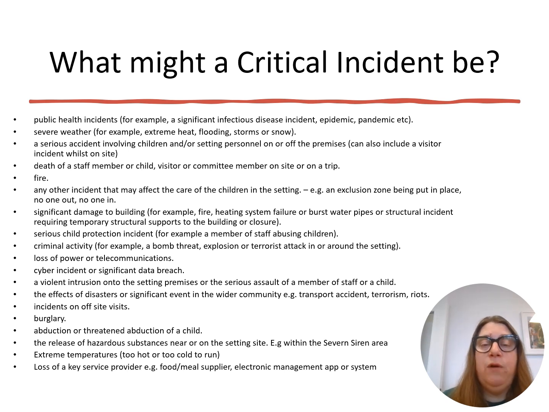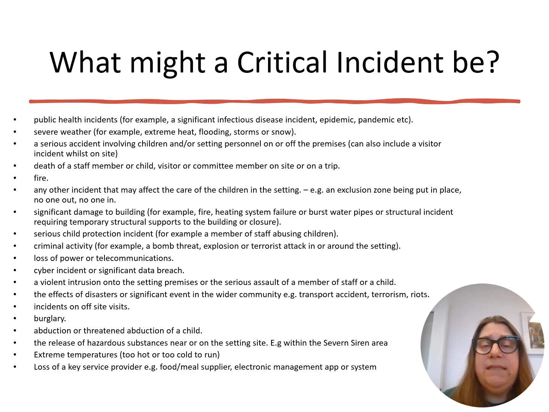Okay, we're going to be moving on now to actually talking about the plan itself. We've talked about the policy and procedure, so let's think about again what a critical incident might be. So this is a list of some of the things that we've pulled together, and this list is available in the planning tool as well.